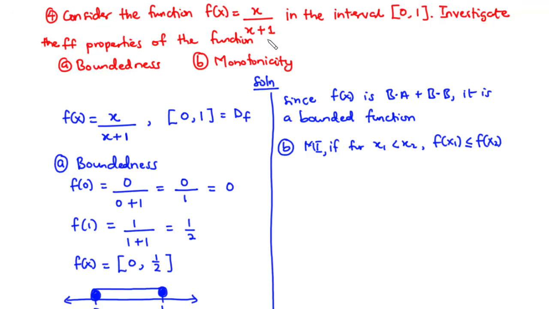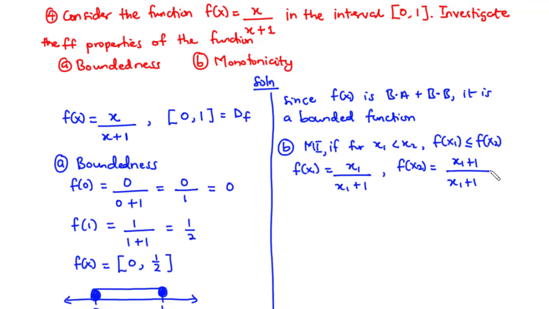So we have the function f of x equals x over x plus 1. Therefore, f of x1, in place of x we have x1, so we have x1 divided by x1 plus 1. And then for f of x2, x2 is equal to x1 plus 1, so we are going to have x1 plus 1 divided by x1 plus 1 plus 1.